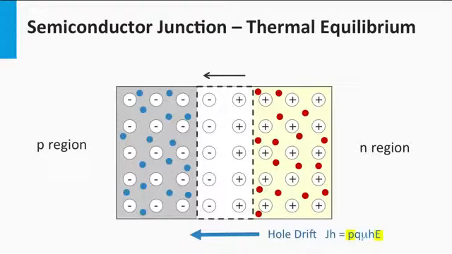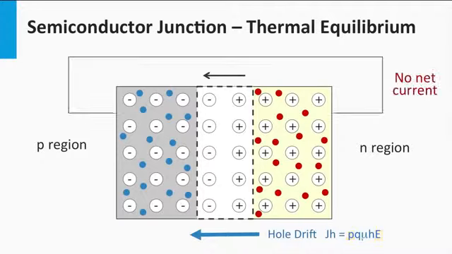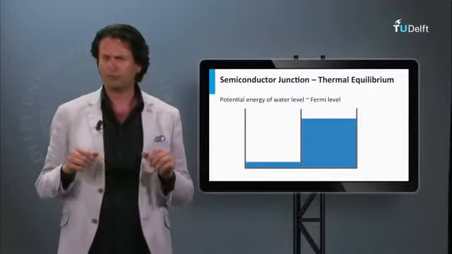The current densities at the depletion zone are in equilibrium. If you would connect the left side of the p region and the right side of the n region with an electrical circuit, we would have no current flowing through the circuit. The electric field will create a built-in voltage over the space charge region.